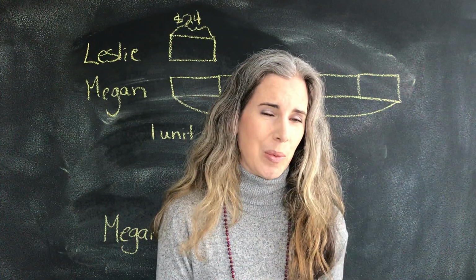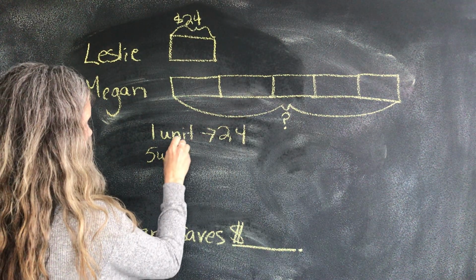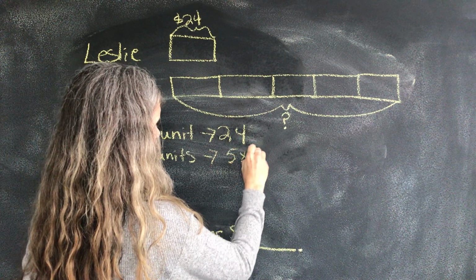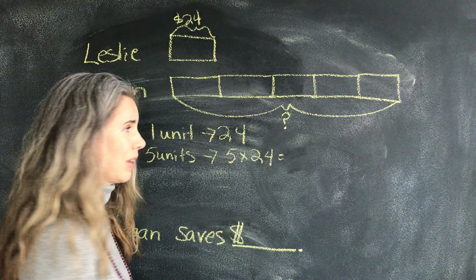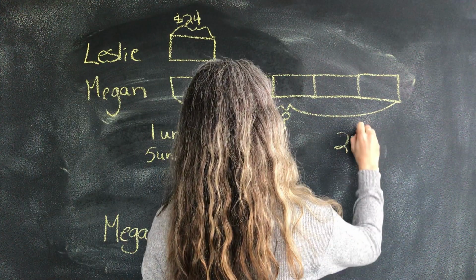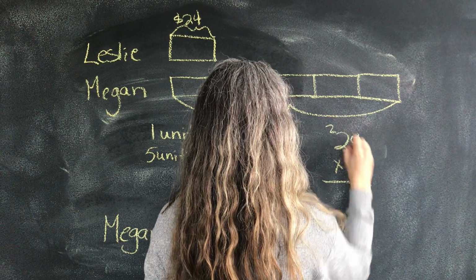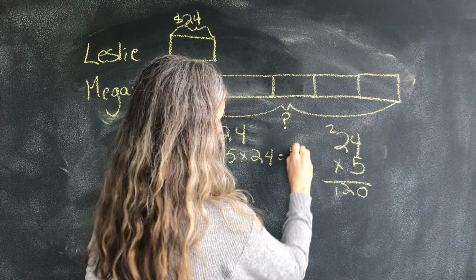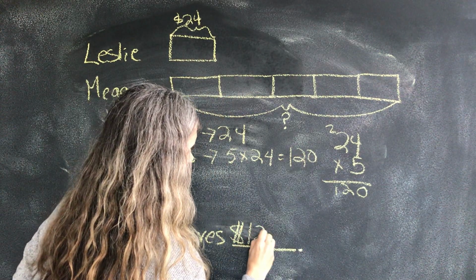But we know a quicker way. So 5 units is 5 times 24. Solve for that on the side. So Megan saves $120.